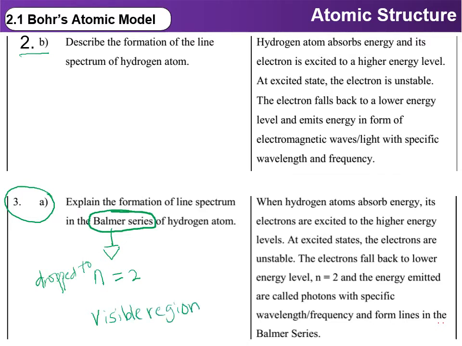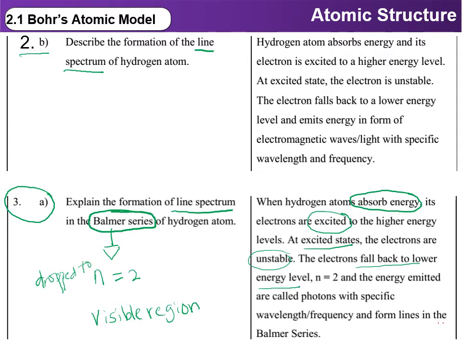So how are we going to answer this question? Basically, they are still the same, because this is the formation of a line spectrum. Like just now we mentioned, we will combine the last two postulates. So again, the electron will absorb energy and be excited to a higher energy level. At the excited state, the electrons are unstable and will fall back to a lower energy level.